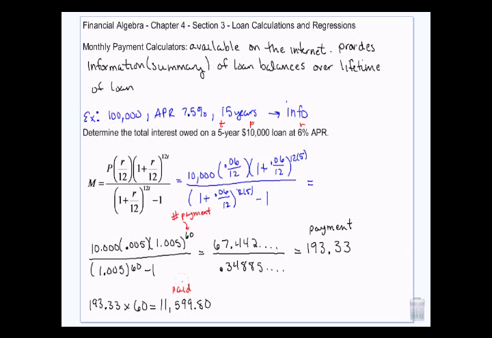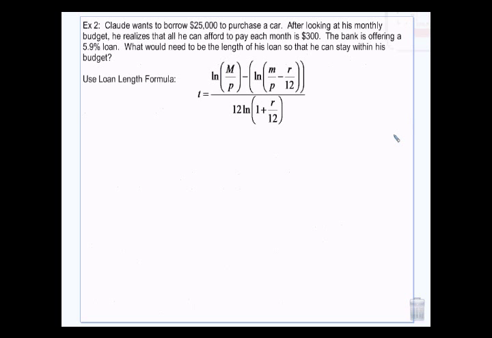And from that, I'm going to subtract the original amount that I borrowed. And this is interest. Okay, so you borrow $10,000, you pay back $11,599.80, so your interest is $1,599.80.